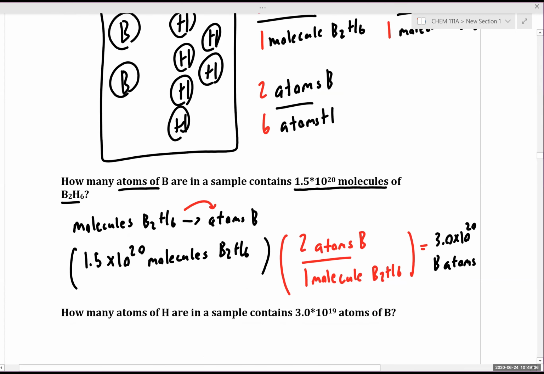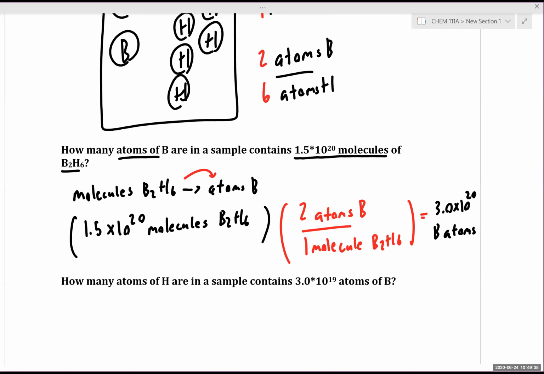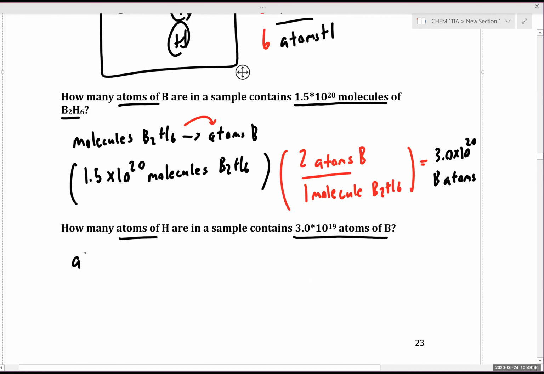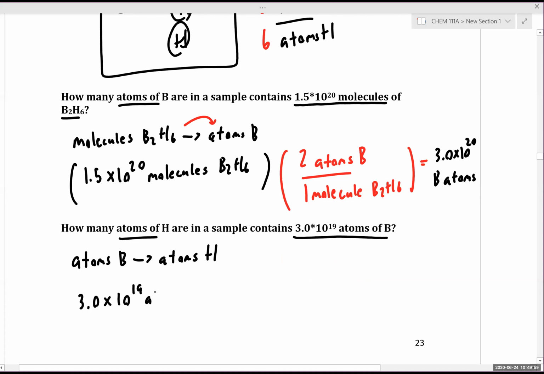Let's do another example to drive home this point. We're asked how many atoms of hydrogen are in a sample that contains 3.0 times 10 to the 19th atoms of boron. So we're going from atoms of boron to atoms of hydrogen. Entering our starting units, we have 3.0 times 10 to the 19th atoms of boron.